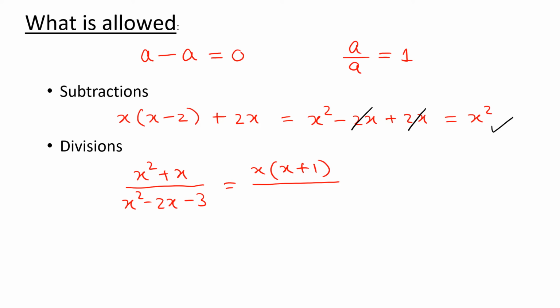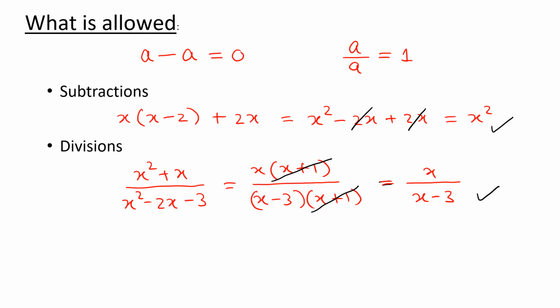From the bottom, you can factor this as (x minus 3)(x plus 1), and then you can cancel x plus 1 with x plus 1. From the top you get x, and from the bottom you get x minus 3. So this is a valid calculation.